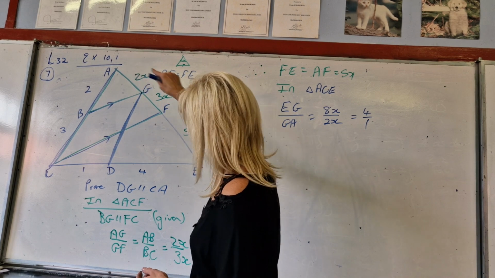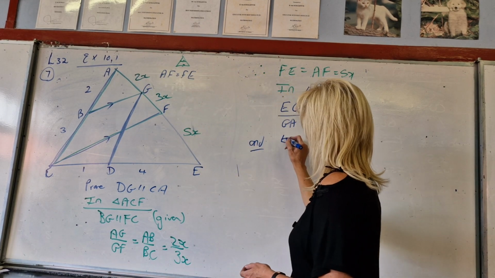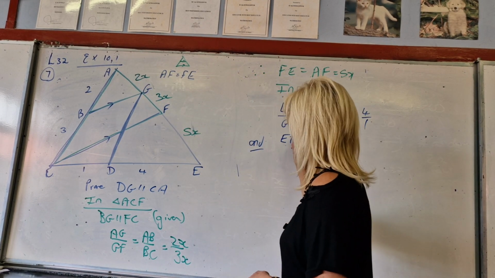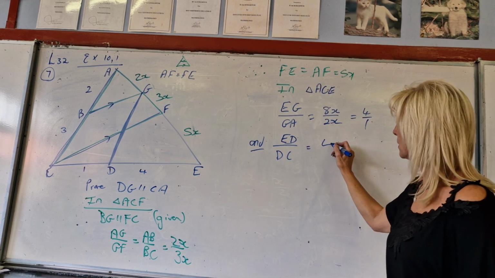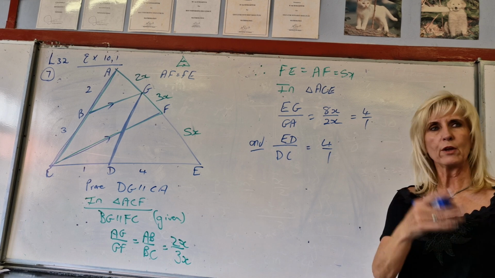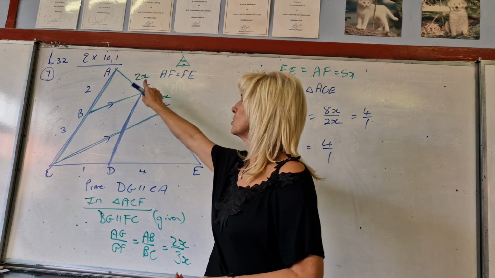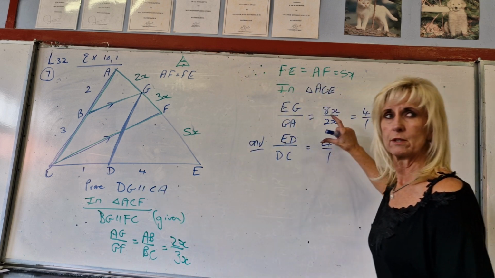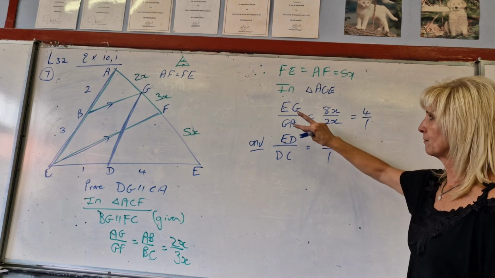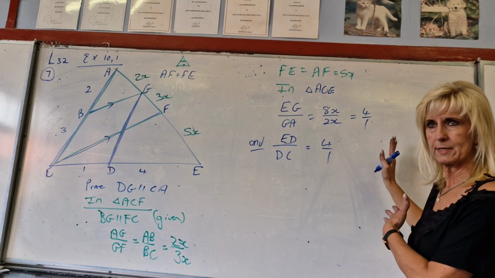ED over DC. And ED over DC was 4 over 1. Now, if you wanted to write 2 over 8, then this was 1 over 4. But they would still both be the same. So you can't flip them around. They've got to be in the same order.